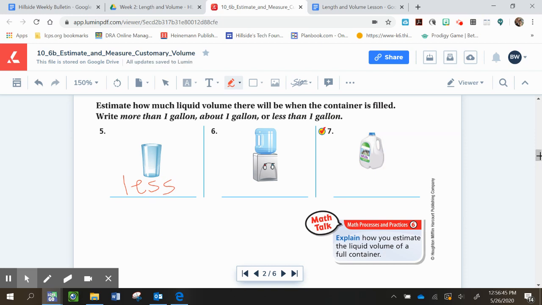Then with this big water jug, this is going to be more than a gallon. And then our milk is about a gallon, so we're just going to write about. Usually when you get one of these containers of milk, it is exactly a gallon.